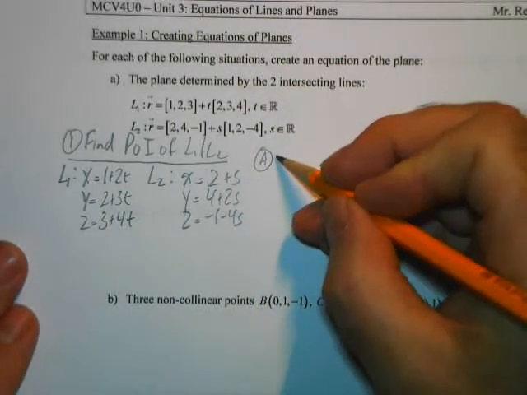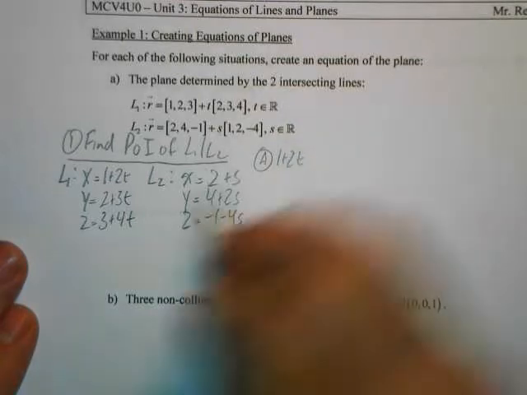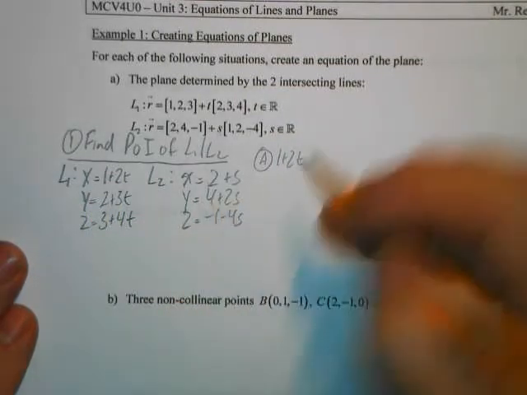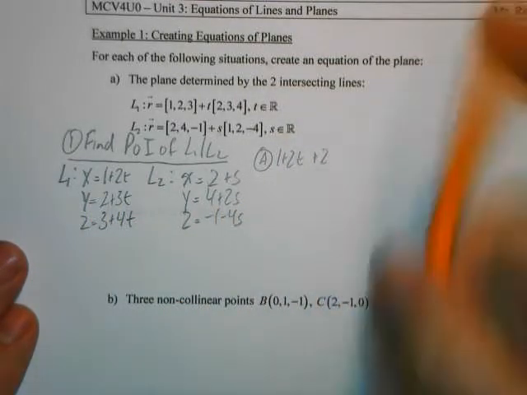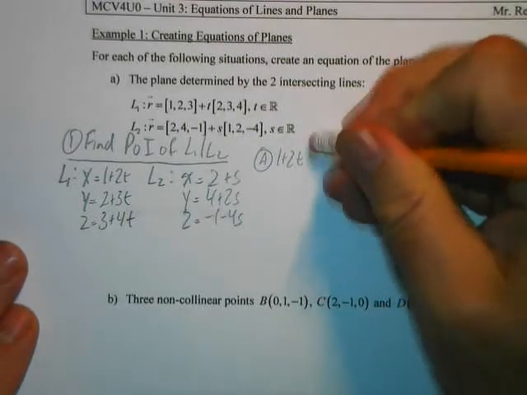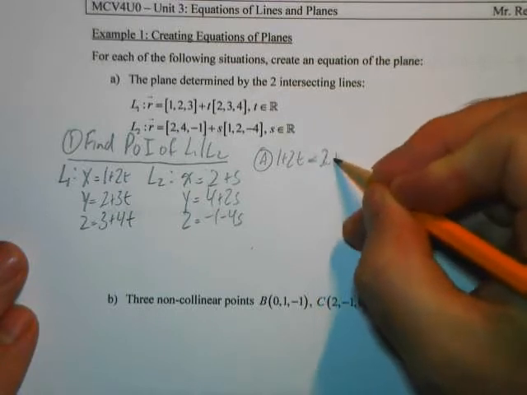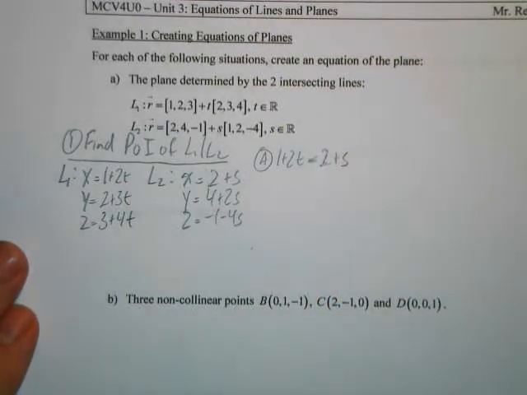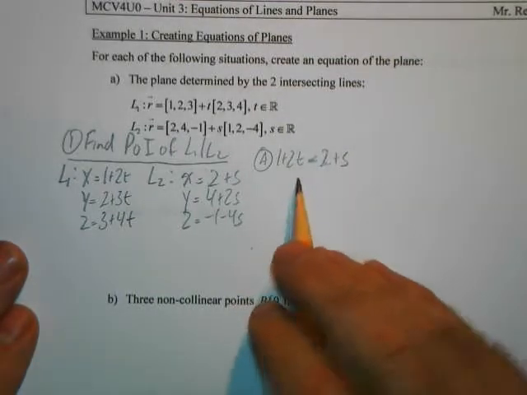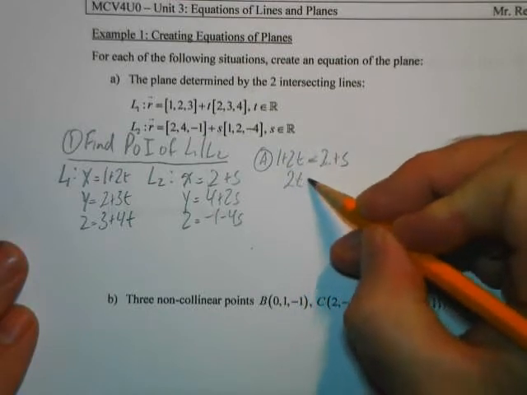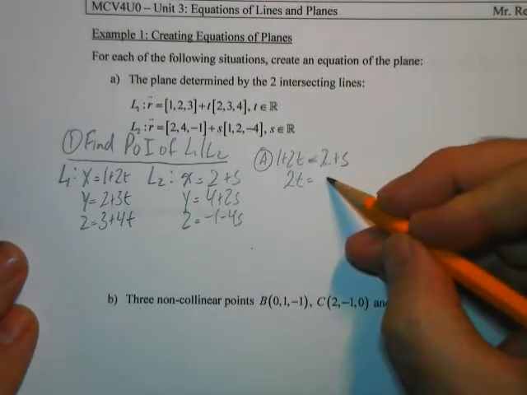So I've got 1 plus 2t from here for the x is equal to 2 plus s.